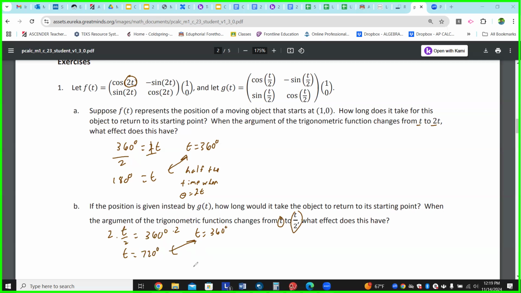Going from t halves to t it was half, but now we're looking from t to t halves. It would be doubled in this situation. It really depends on what you're comparing to, but since we're going from t to t halves, it doubled the time when the argument equaled t over 2.